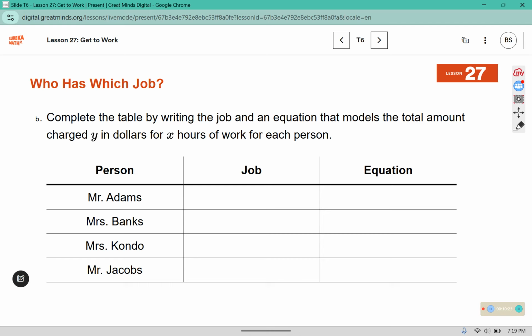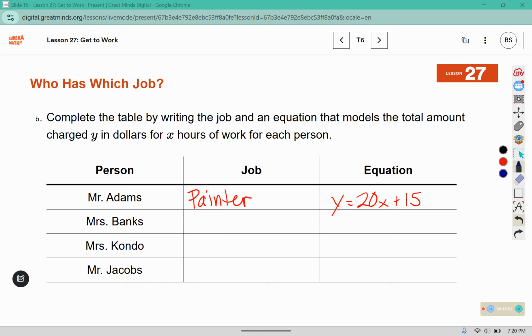So here it asks us to write an equation. It says complete the table by writing the job and the equation that models the total amount charged in dollars for X hours of work for each person. So for Mr. Adams, his job was the painter. And his equation for his amount of money earned, he charged $20 per hour and a $15 fee.